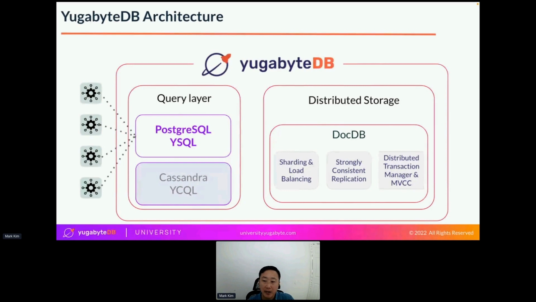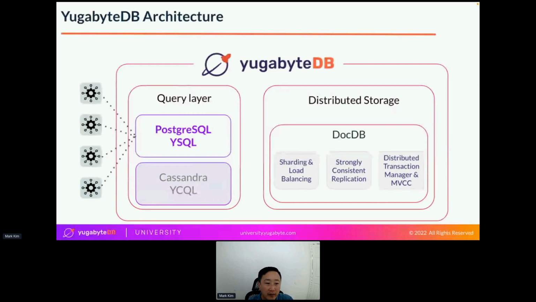YugabyteDB also uses DocDB, as you can see on the right, for the distributed document store. The great thing about that is that it handles the sharding, the load balancing, and gives you strongly consistent replication right out of the box.